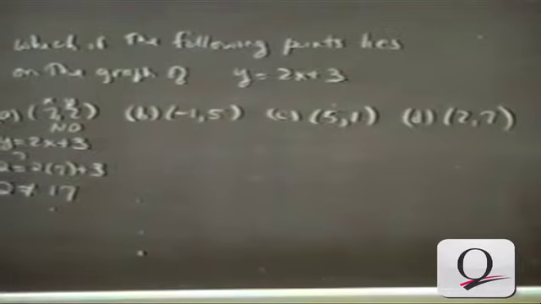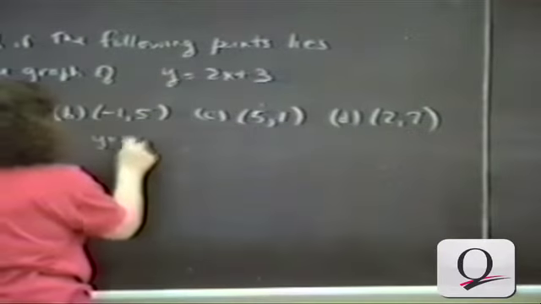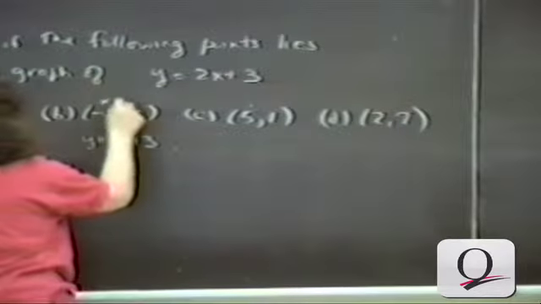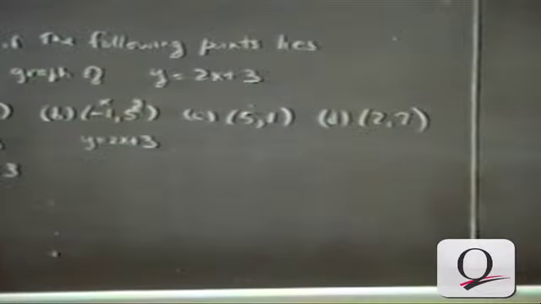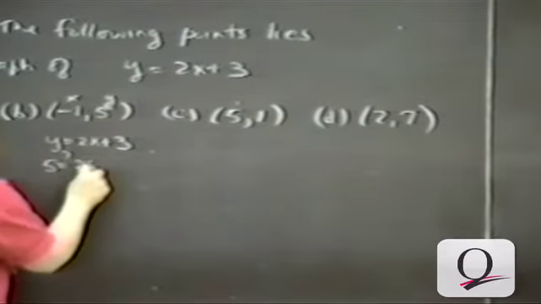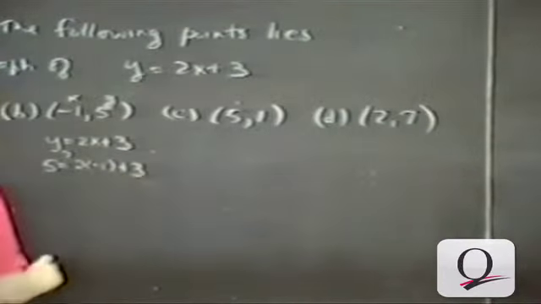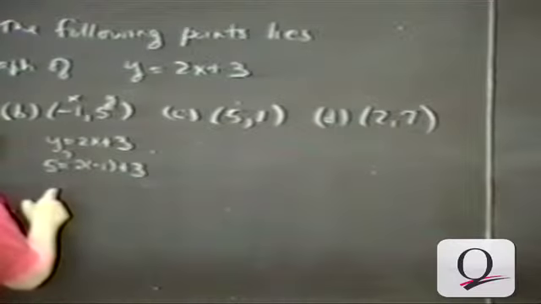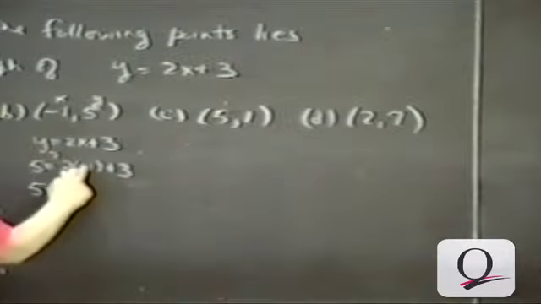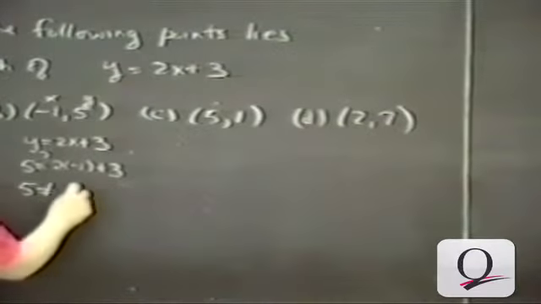And we'll try the second one in y equals 2x plus 3. Remember, the first number is x and the second coordinate is y. Okay, is 5 equal to 2 times minus 1 plus 3? And the answer, again, is no, because 5 is not equal to minus 2 plus 3, which is 1.